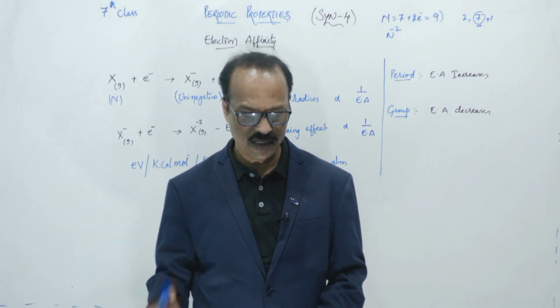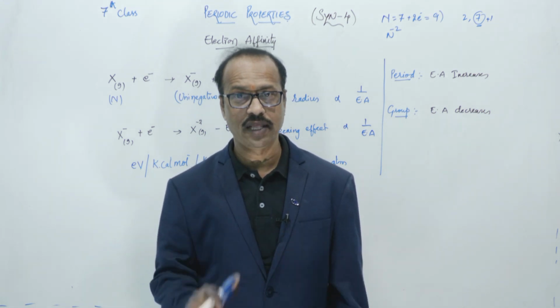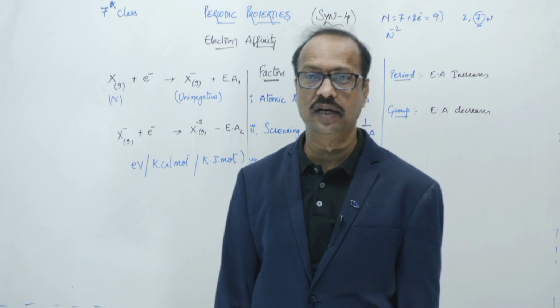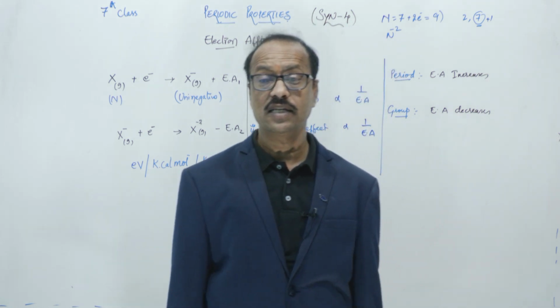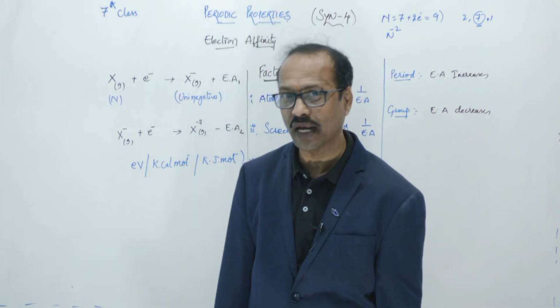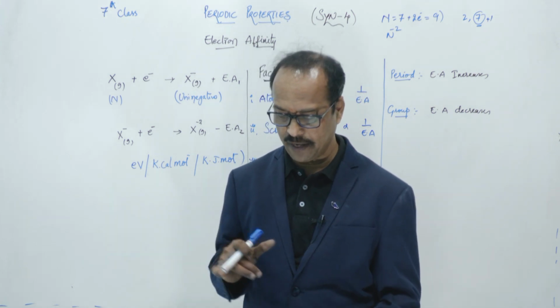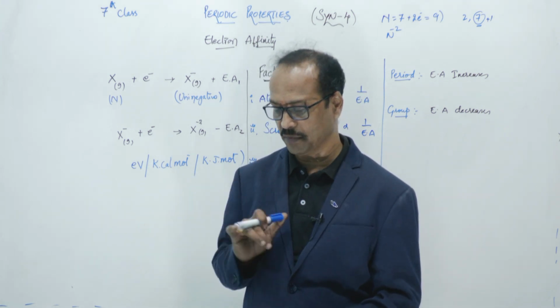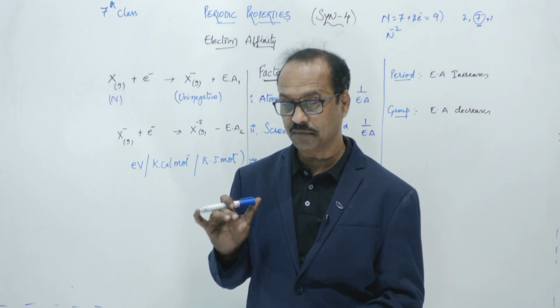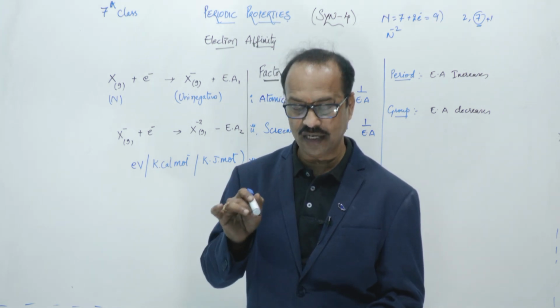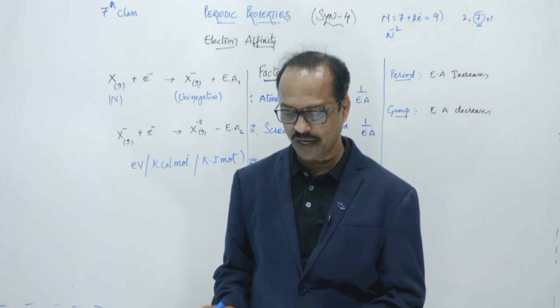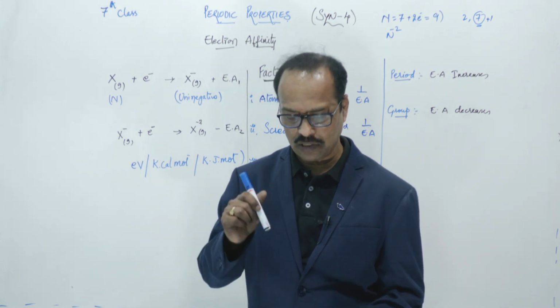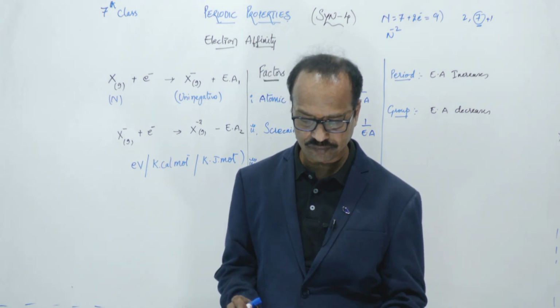See students, just now I told you which is the highest electron affinity element. The atom with highest electron affinity is chlorine. So here you see 349, 333, 325. The highest number is 349, which is chlorine. So chlorine, fluorine and bromine. So the option is the second option.